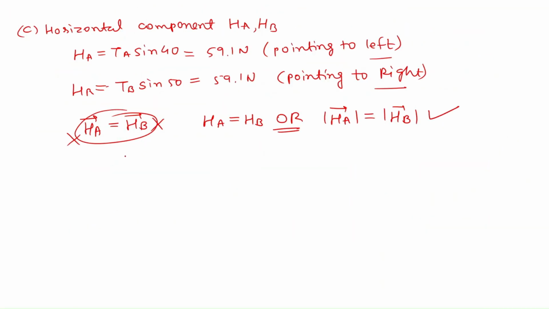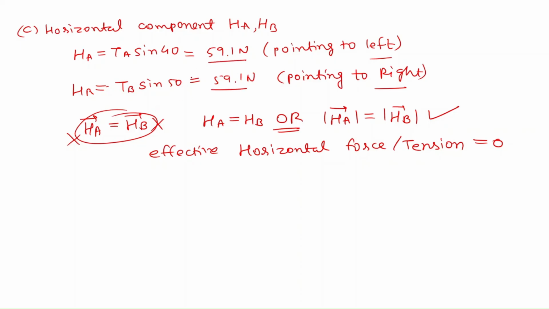So the effective horizontal force, or tension, you can say here, which is not an appropriate word, is zero, because they have the same value but in different directions. The first is in this direction and another one is in this direction.